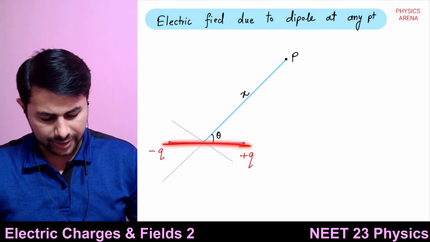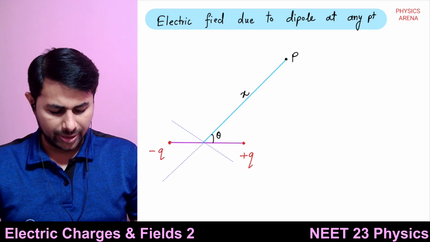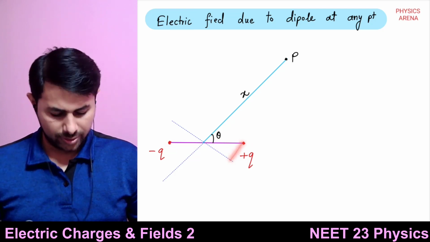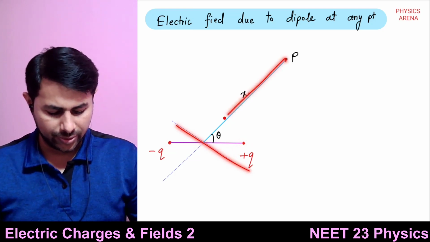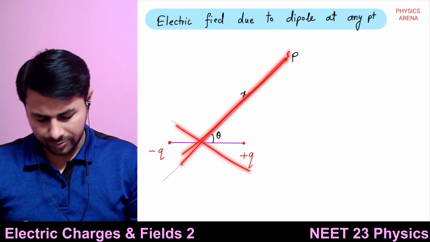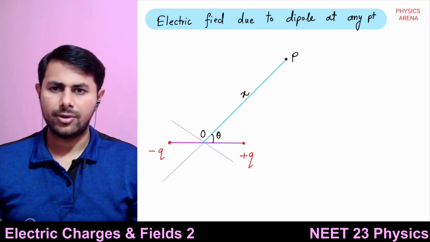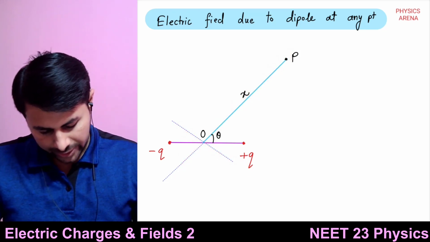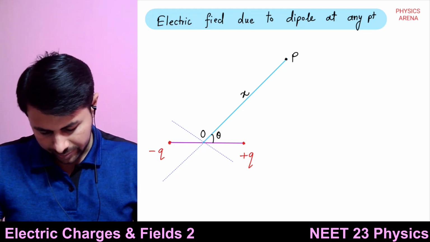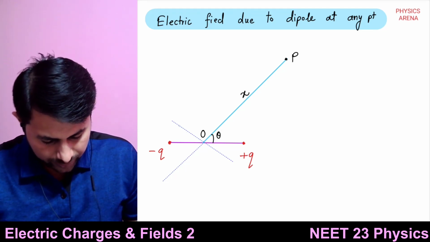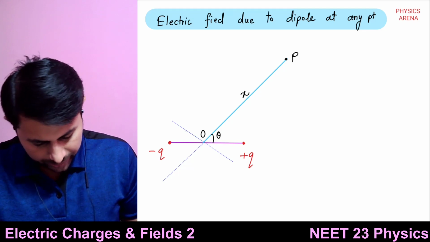This much is the length of the dipole. We'll draw a perpendicular on this line, which is perpendicular to OP. So let's draw a perpendicular like that. So it would be this much.